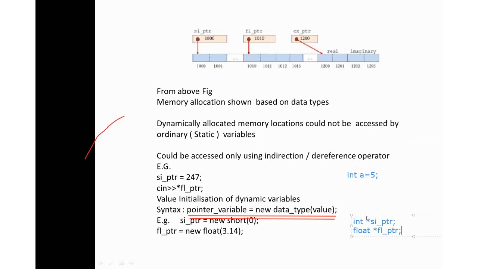Sorry, not int, here it is short. Why? Because short means, look into the example, si is equal to new short. So the data type mismatch should not occur. The data type used at the time of declaration is the same data type to be used while making it a dynamic variable, or at the time of initializing the value for your dynamic variable.